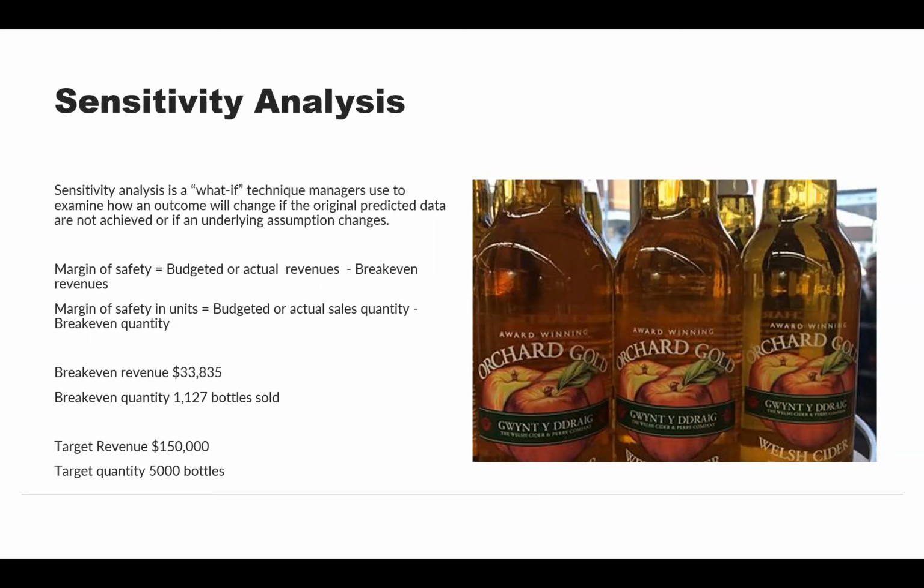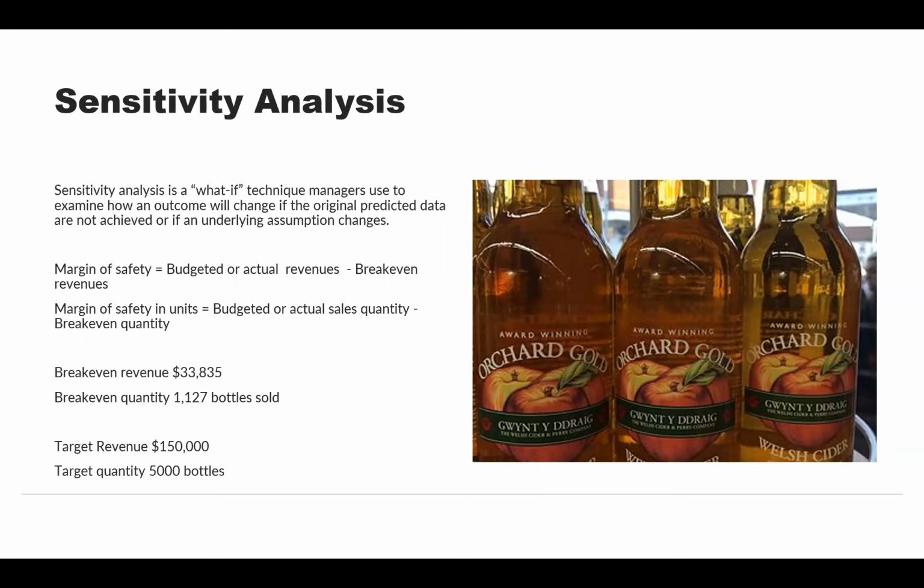So your margin of safety is going to be anywhere within that range. You're at least not losing money. And so the larger that range is, obviously the less risk there is, and the smaller that range is, the more risk you have. So if you think that you can only sell 2,000 bottles feasibly, then you've got a much narrower range.